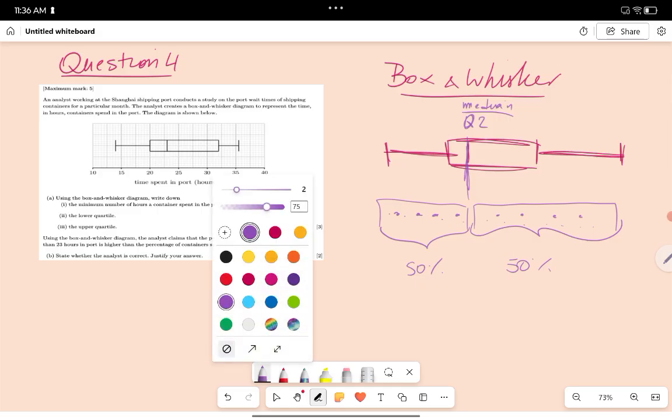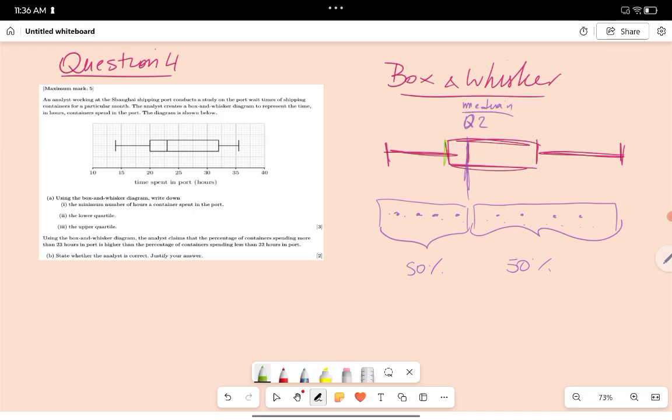Then the other thing is Q1 and Q3. Q1 and Q3 are called the lower quartile and the upper quartile. So Q1 is the lower quartile and Q3 is the upper quartile.